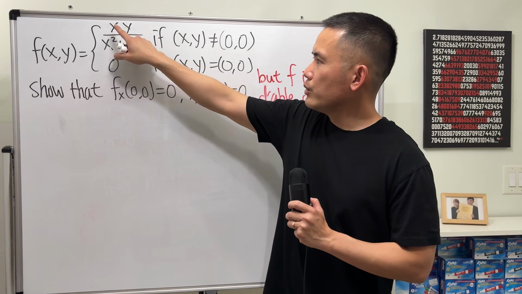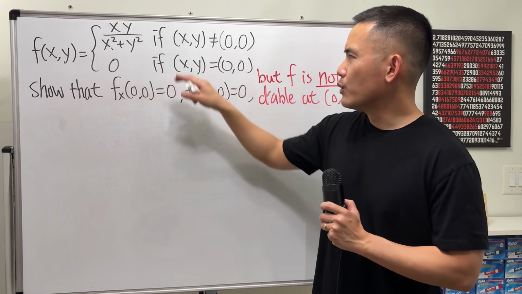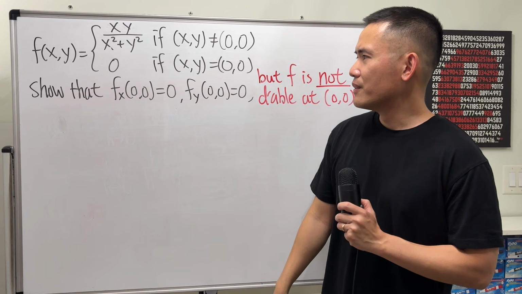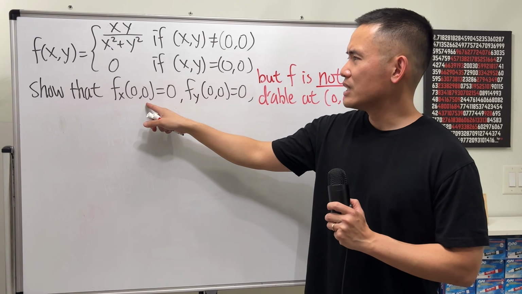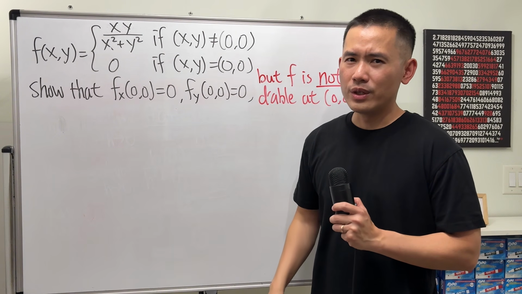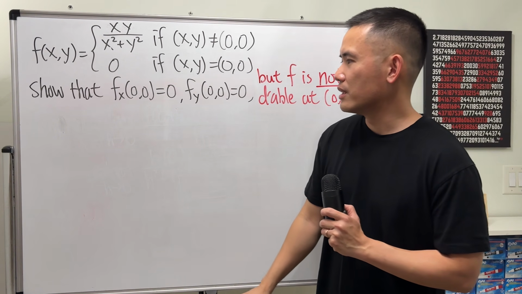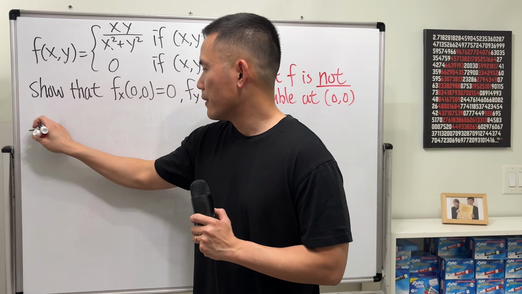Let me do this right here first. I'm not going to use the quotient rule because one, this is a piecewise function, and two, with 0 in x and y, most likely we run into trouble when we do the computation. So we will use the definition.